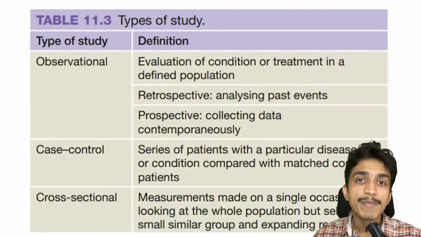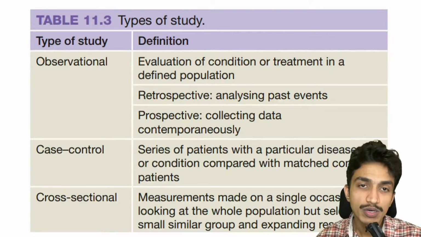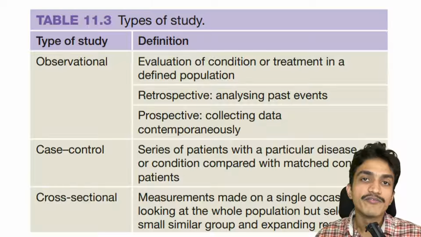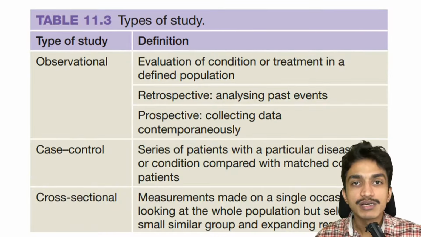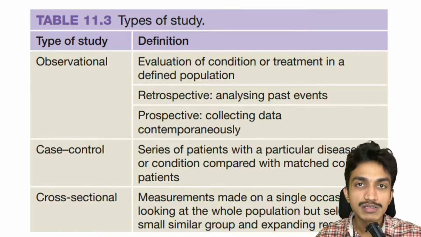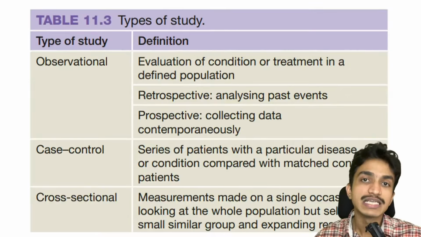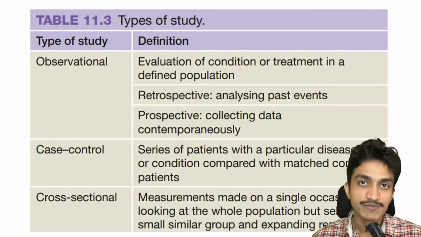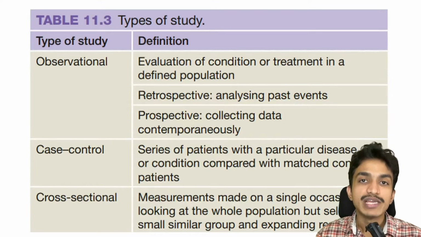We compare a patient group with a disease with a matched control group. Cross-sectional is that we measure a particular hypothesis or various parameters on a single occasion, and then we apply it over the whole population. So we select a group of people, we see the results, study, and then we generalize.